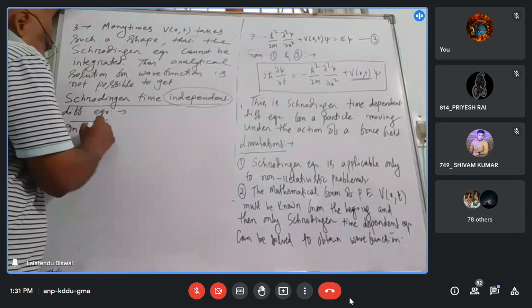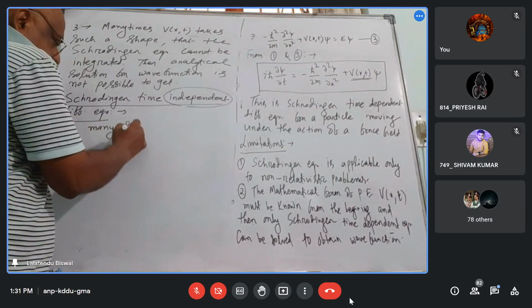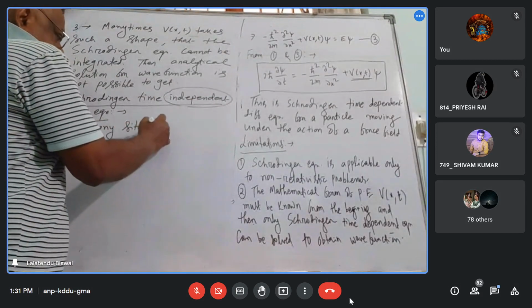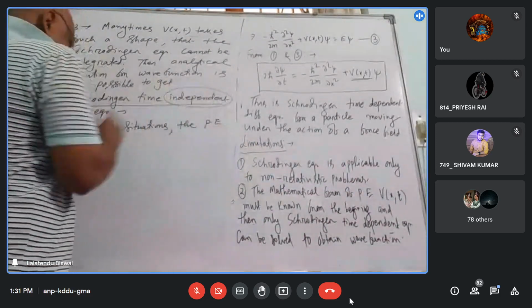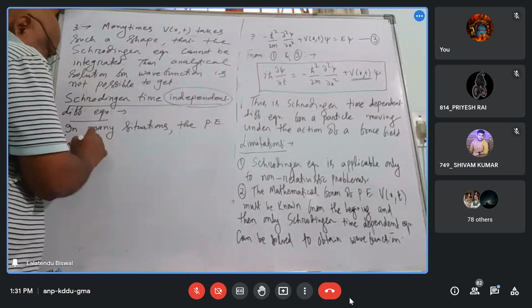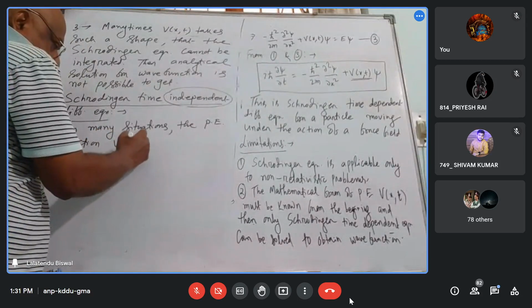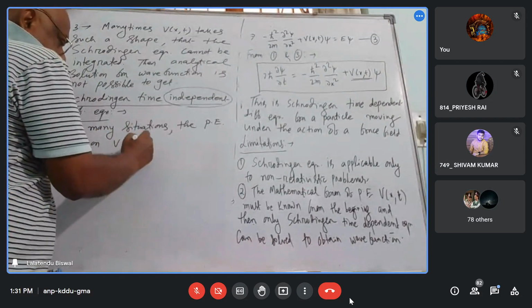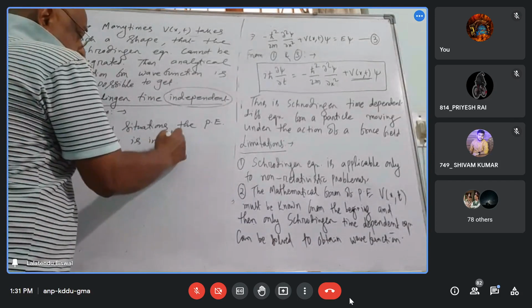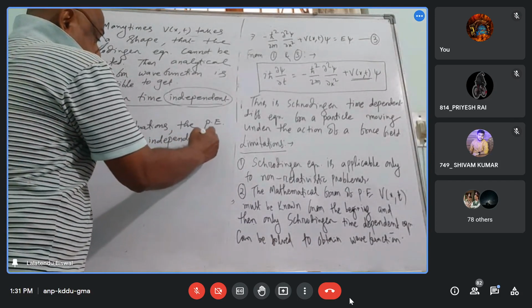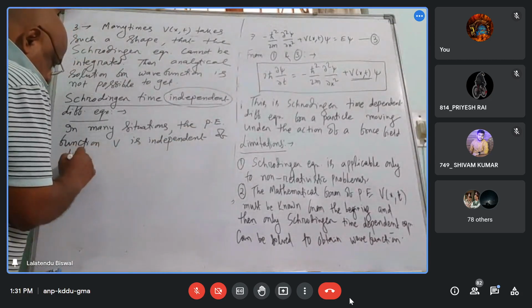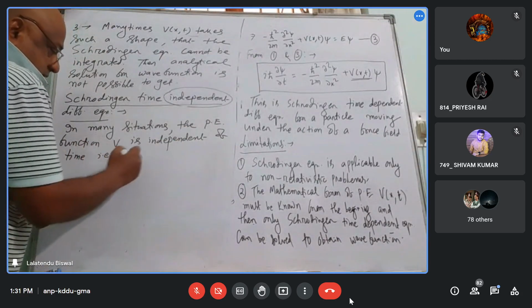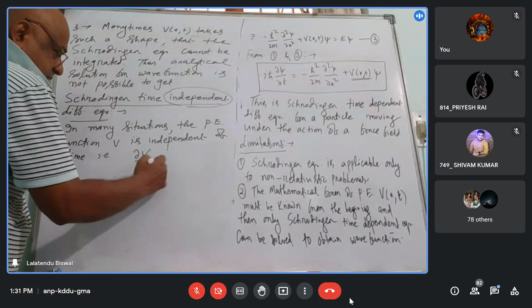In many situations, the potential energy function V(x,t) is independent of time, but that may depend on position. That is, del V by del t is equal to 0.